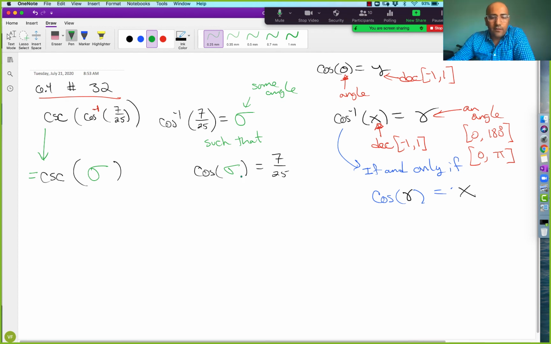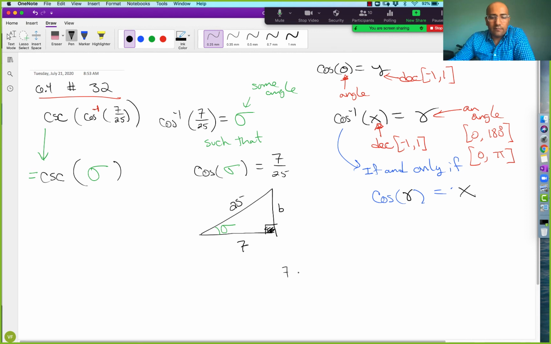Okay, now back to over here. If this is true, that means I can create a right triangle that has an angle sigma, such that cosine is adjacent over hypotenuse, and there's this side that's missing.